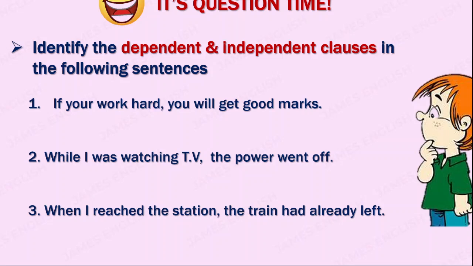Are you ready? Right. Now you need to read an example and underline and write that this is dependent and this is independent. By the way, what is a dependent clause? A dependent clause is a group of words which gives some meaning but doesn't give complete meaning. Likewise, an independent clause is a group of words which gives a complete meaning.